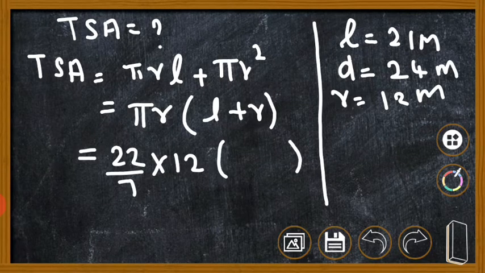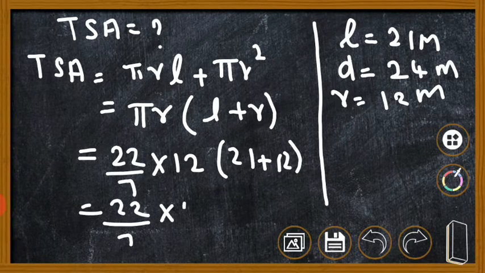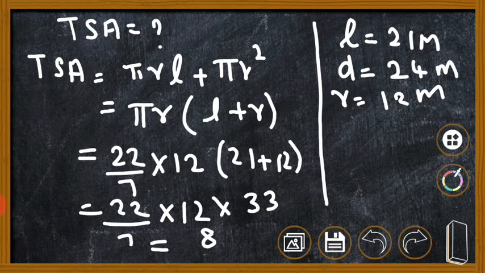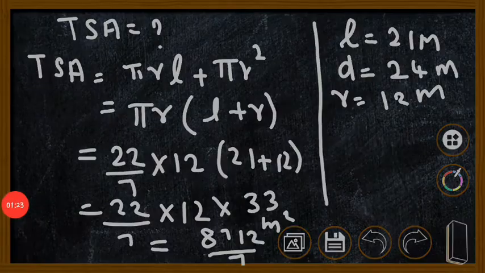What is L? 21 plus 12. So you will get 22 by 7 into 12 into 33. And if you multiply, you will get 8712 by 7 meter square. So this is the final answer.